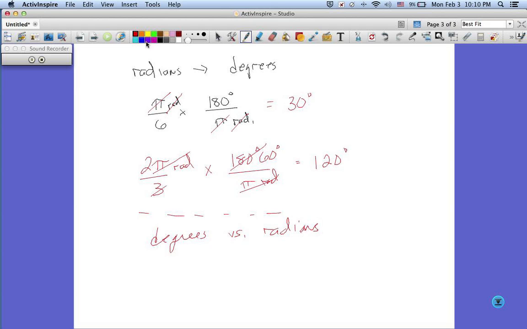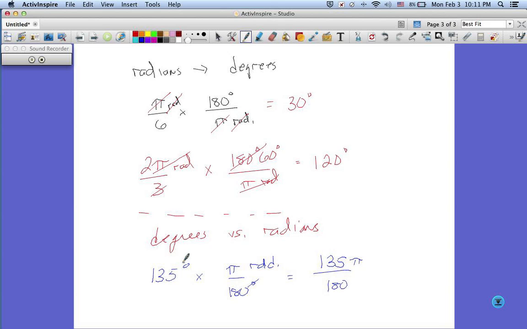Same exact idea. So let's change colors up here a little bit. Let's say you have 135 degrees. Well, fancy form of 1. Pi radians divided by 180. And this is a little more difficult because you have to reduce 135 and 180.